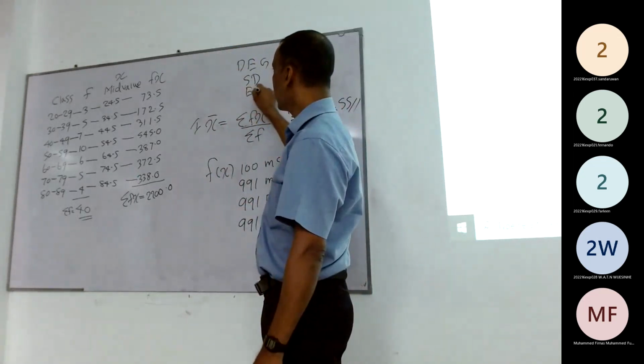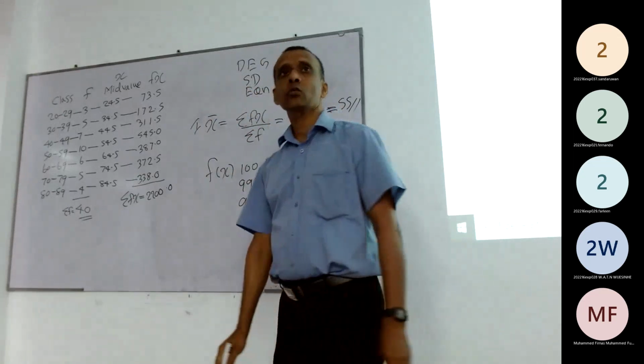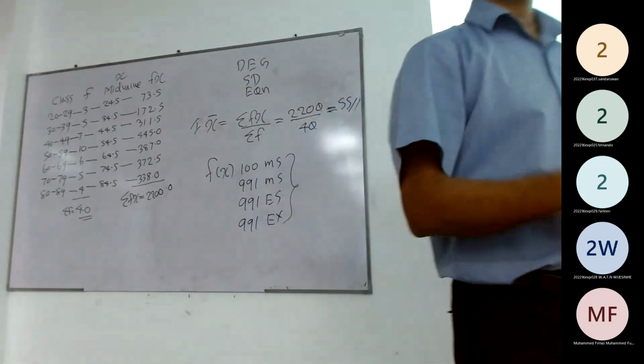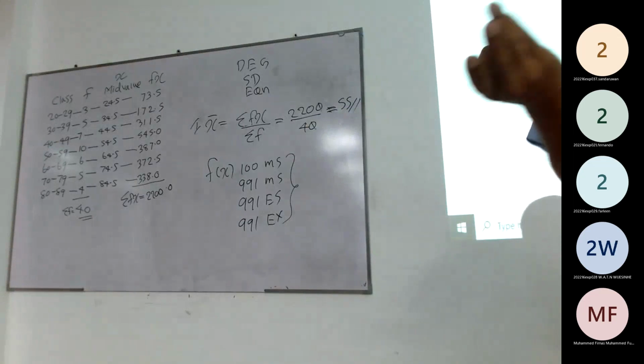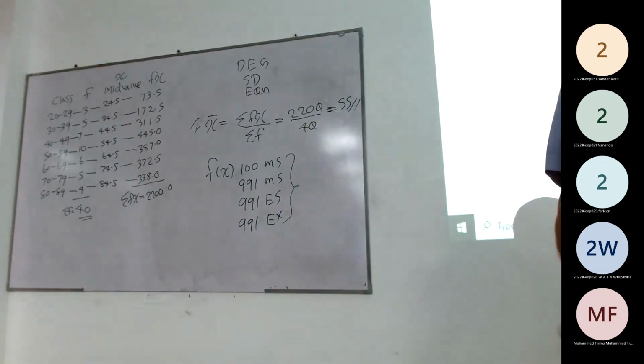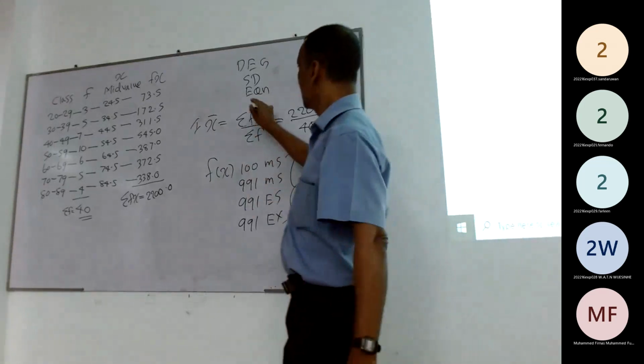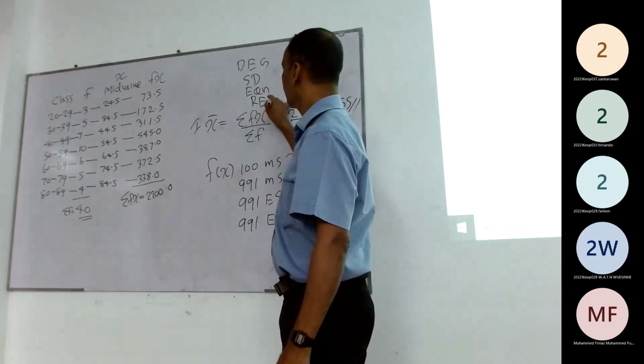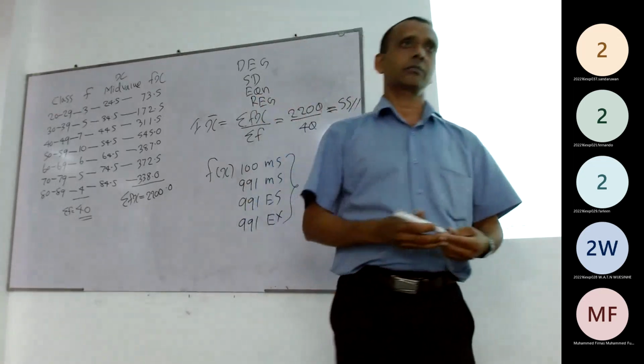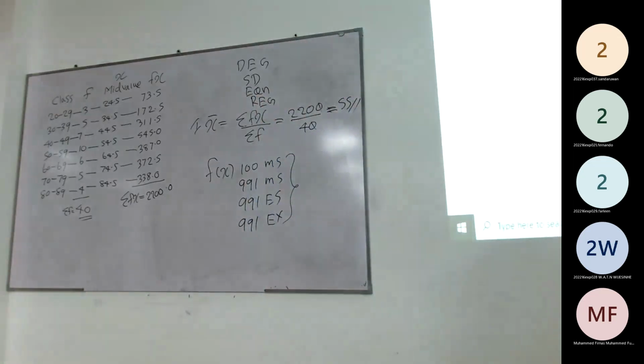Then there is equation mode, EQN mode, for equations: simultaneous equations, quadratic equations, cubic equations. Especially we are applying simultaneous equations. Then REG mode, for regression and correlation analysis. You need to practice all these modes and have good knowledge about them.